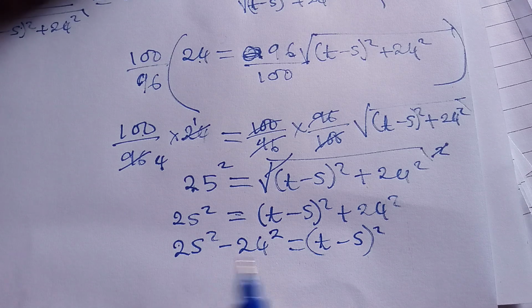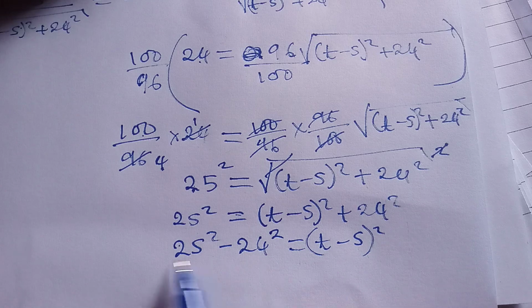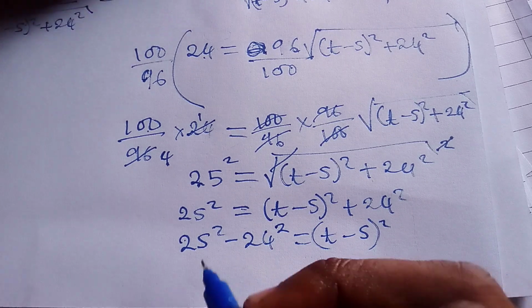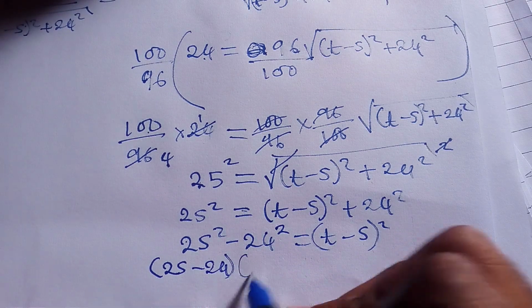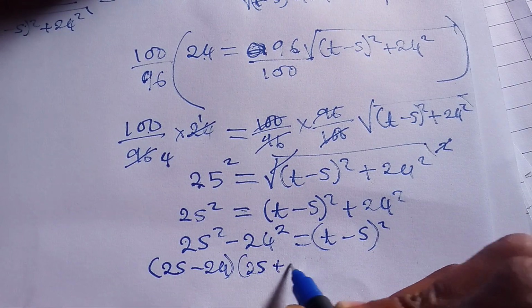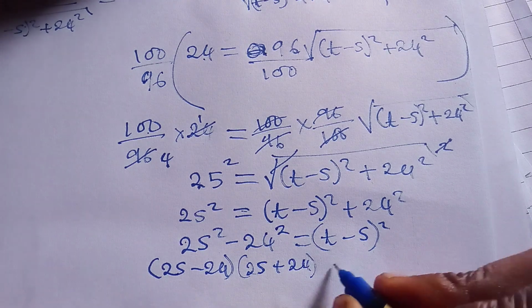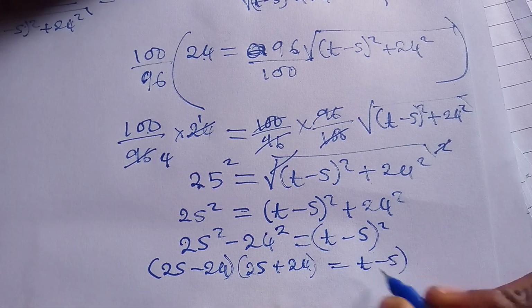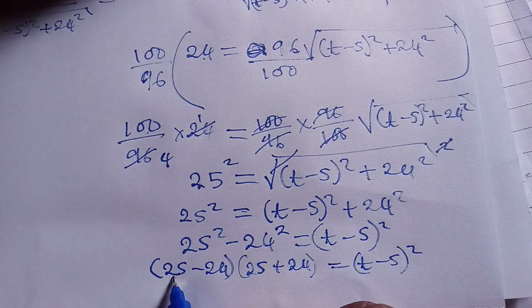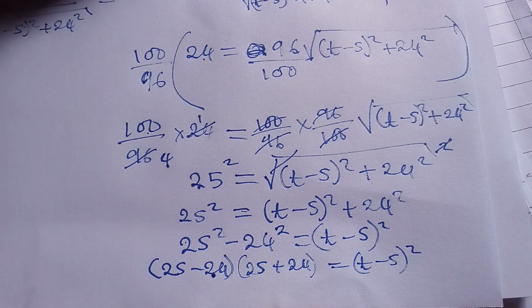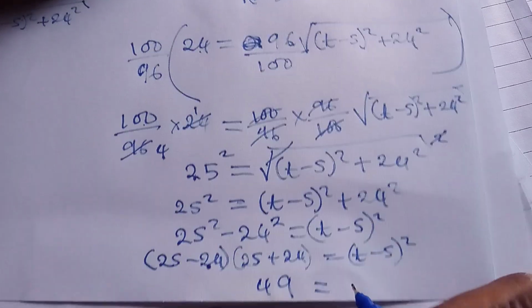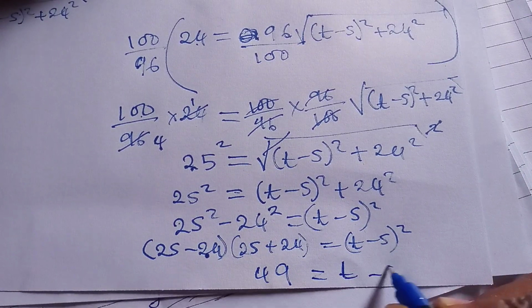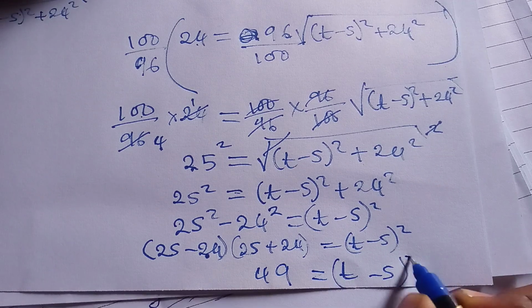Then I can just use the difference of two squares here, because if I square these numbers I may have problems. So this one is 25 minus 24, and then 25 plus 24, is equal to t minus 5 squared. So 25 minus 24 is just 1. 25 plus 24 is 49, is equal to t minus 5 squared.